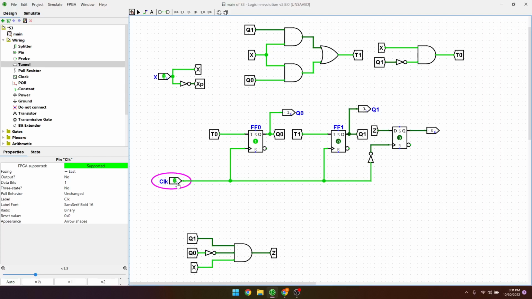Or wait a minute. Make sure this is working right.